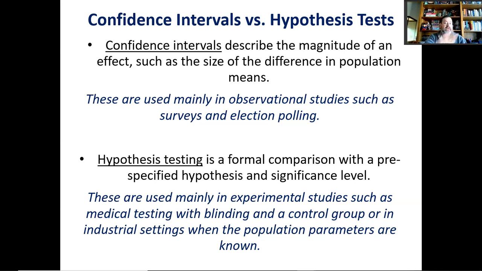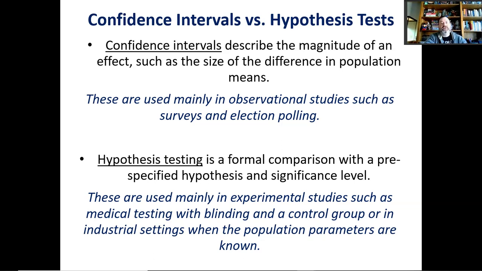Just roughly speaking, confidence intervals are a lot less formal. All you need is a representative sample and you can make a confidence interval. It often does not require a lot of formal planning, and some, but not as much as some of the experiments we've seen.